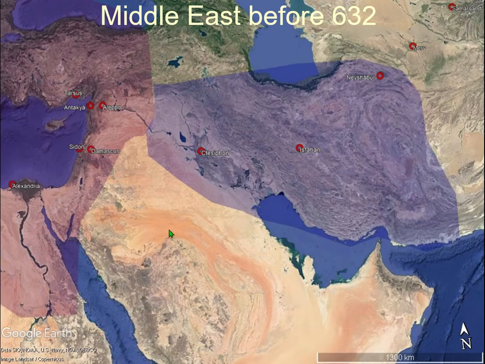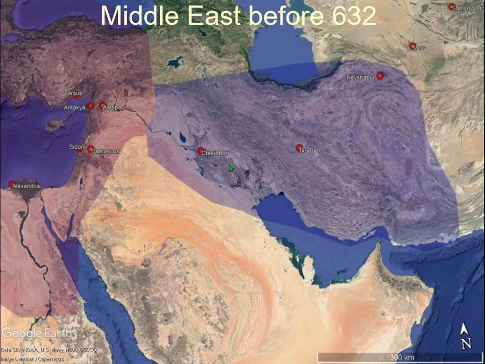So, before about 632, the political arrangement in the Middle East was that there was this Mediterranean-focused world and this plateau of Iran-focused world. And so we often call this the Empire of Persia. And this may be the Parthians in the earlier period, or the Sasanians just before 632, in fact.